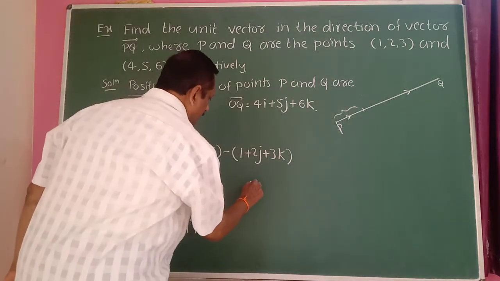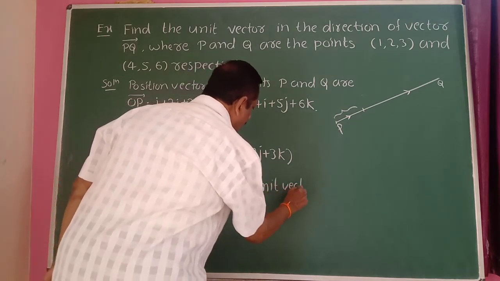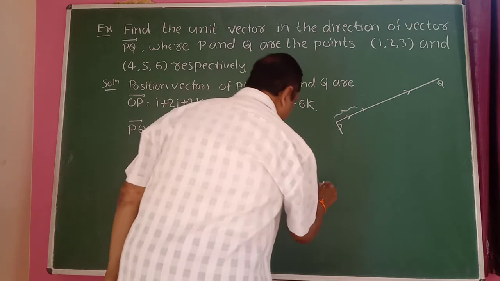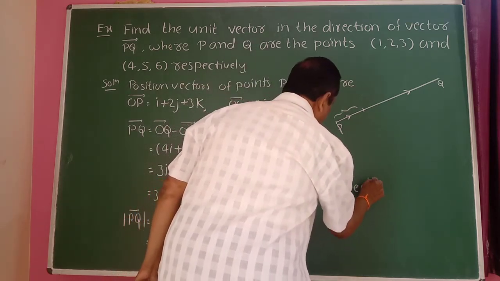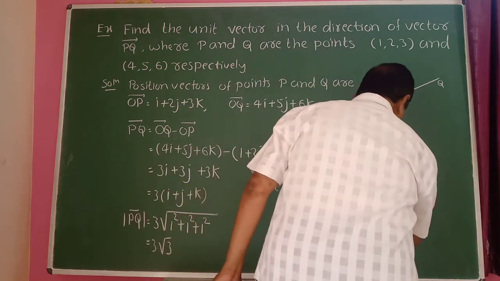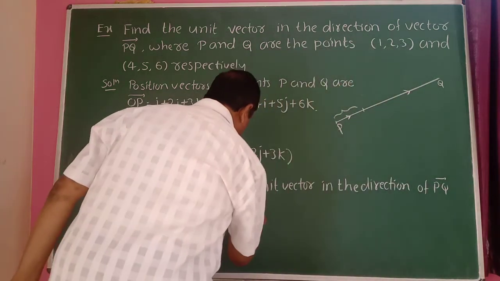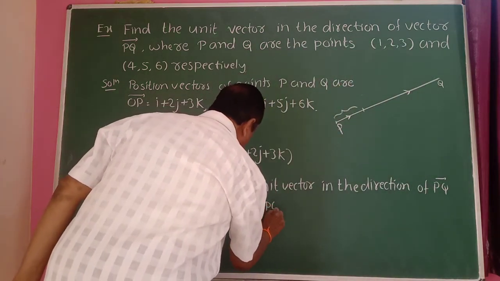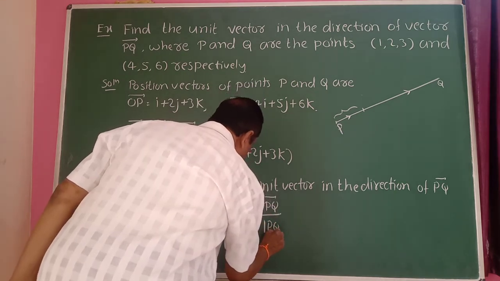Therefore, the unit vector in the direction of the vector PQ bar is equal to the vector PQ divided by the modulus of PQ.